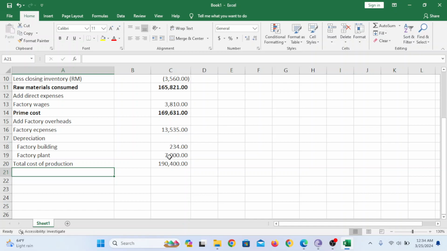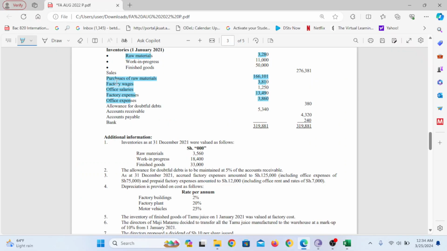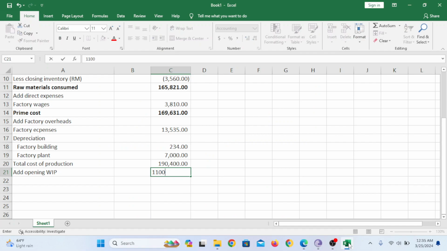After getting the 190,400, we need to add the opening work in progress. And opening work in progress we were given directly from the question also. Opening work in progress is here. That is 11,000. Then we less closing work in progress. And the closing work in progress also been given in the question.